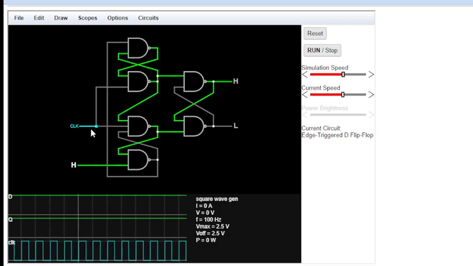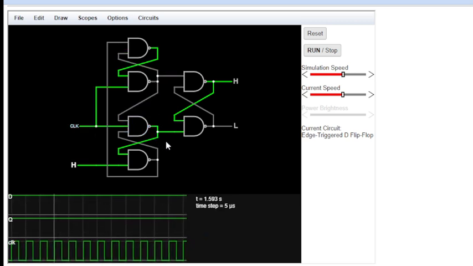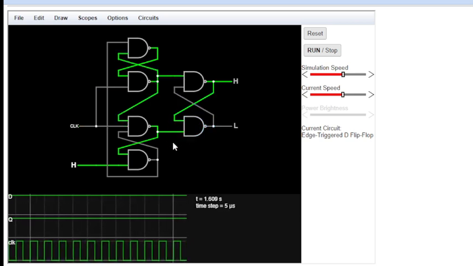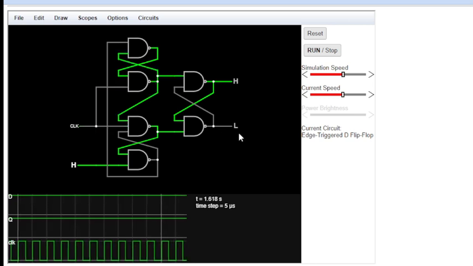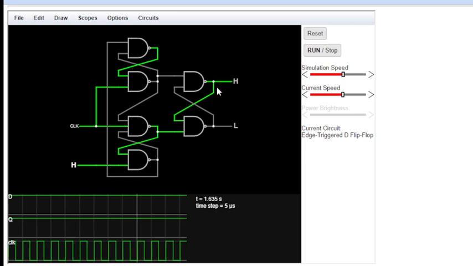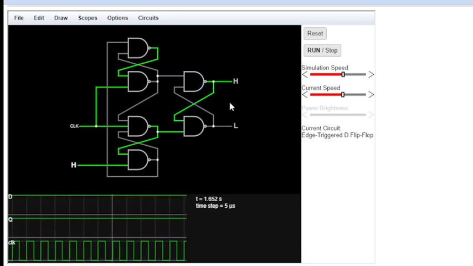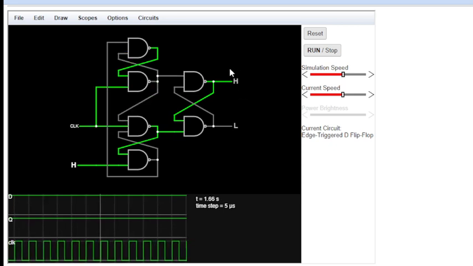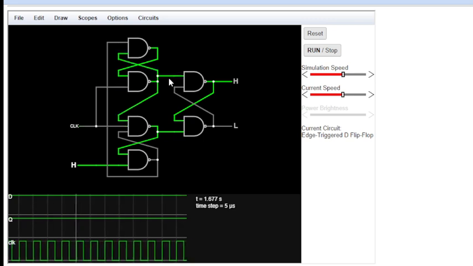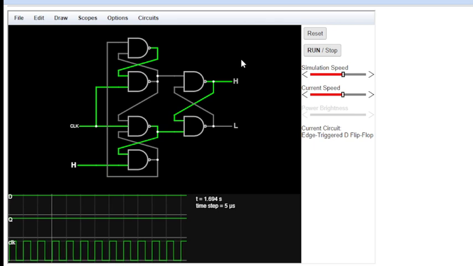In one case the clock becomes high, in the other case it becomes high, that's why it is always giving high. When both inputs of this NAND gate are high, it gives low at the output. Similarly, why is this NAND gate giving high all the time? Because one of the inputs of this NAND gate is always low, that's why it's always giving high. So it doesn't matter whether this input becomes high or low, it always gives high at the output.